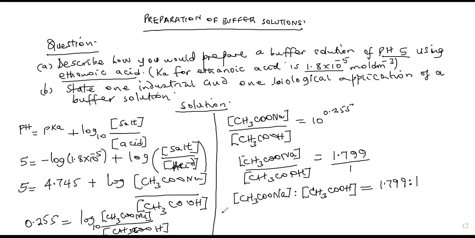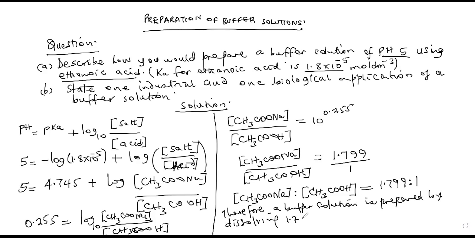So let's say therefore a buffer solution is prepared by dissolving 1.799 moles of sodium ethanoate in 1 mole of ethanoic acid.